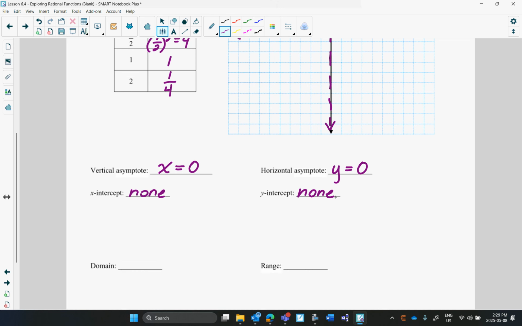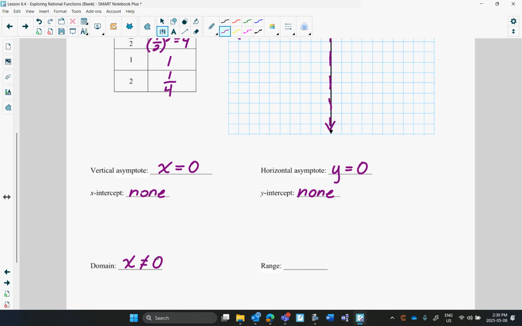Now remember what we talked about with domain and range? That if you use interval notation, it's a little complicated. So we use the not equal sign. Because for the domain, it's everything, right? Except 0. How do I write that? X not equal 0. Which means it's every number except for 0.